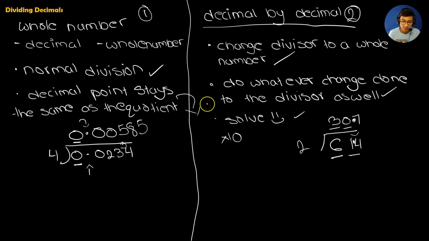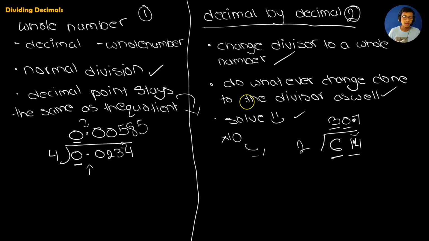We just did normal division as in our previous example, and the decimal point stays the same. For the second problem, decimal by decimal, the first thing we need to do is change the divisor to a whole number. It was 0.2; we multiplied by 10 and got 2.